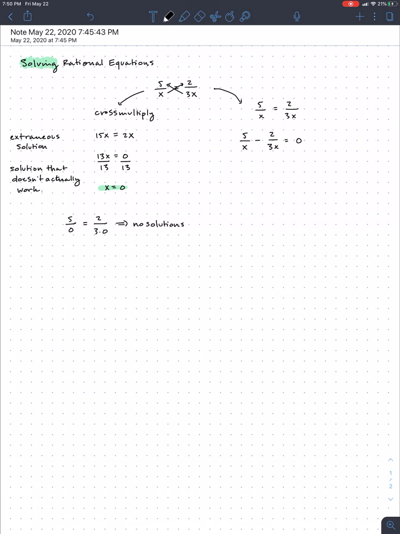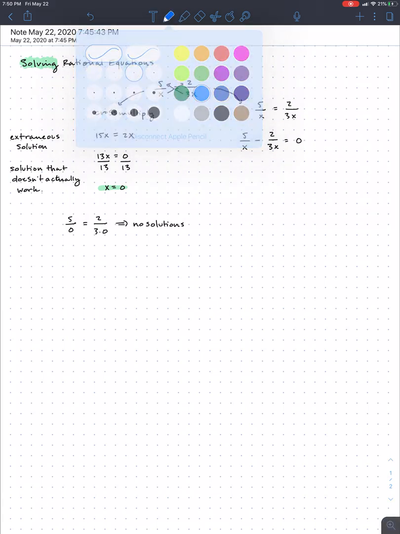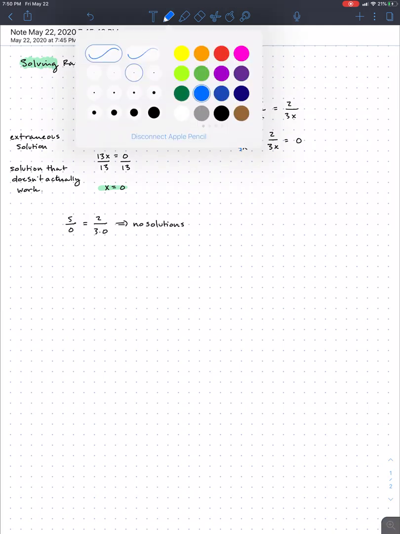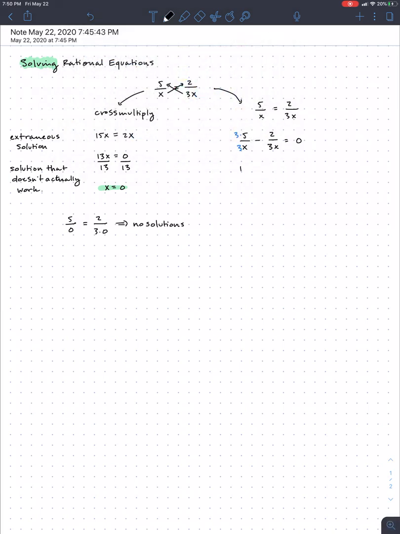Okay, because I've subtracted 2 over 3x from both sides. And if I give my common denominator, this guy needs a 3. So I have 15 over 3x minus 2 over 3x equals 0. So 13 over 3x equals 0.